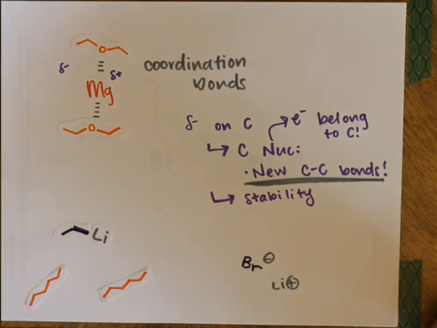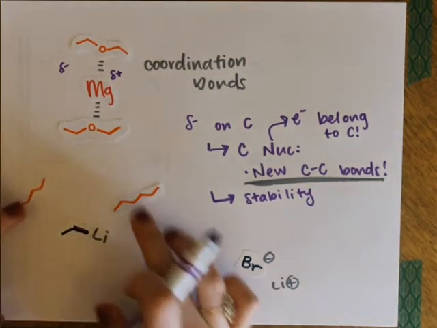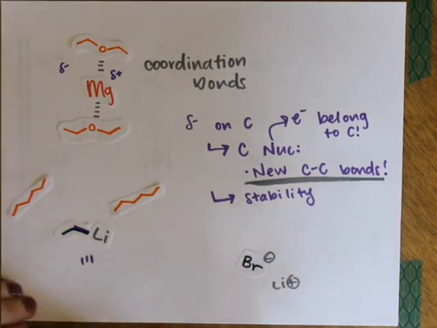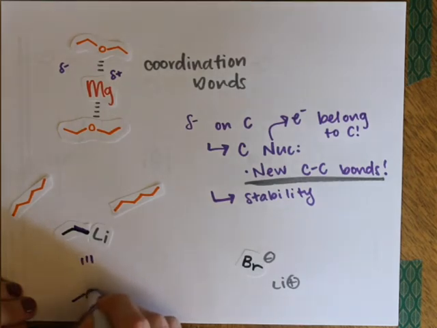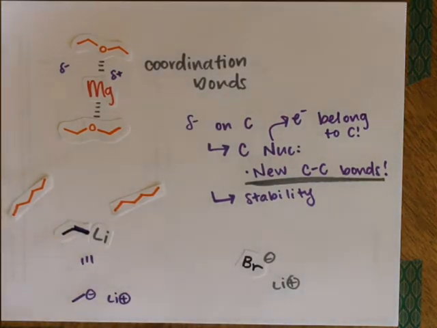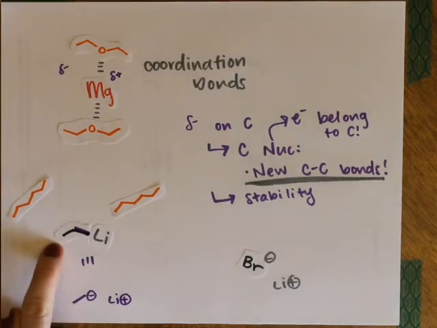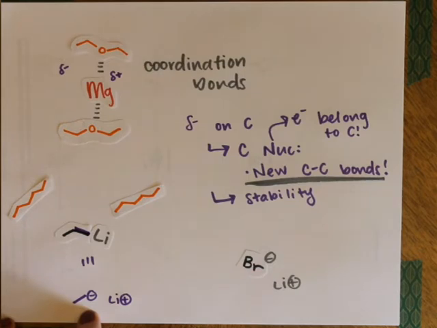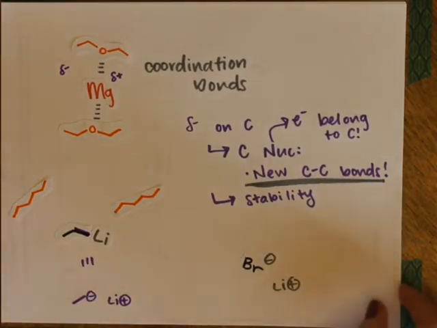And so it would be appropriate to draw this. This is the same as this. It would be appropriate to draw it this way. This is showing it as a covalent bond, and this is showing it in its ionic bond form. So there's some weird things that are going on there.